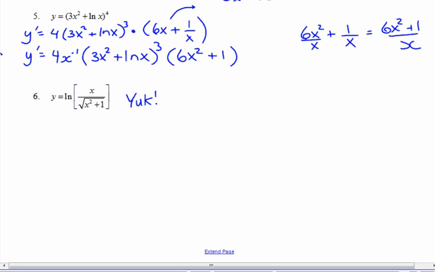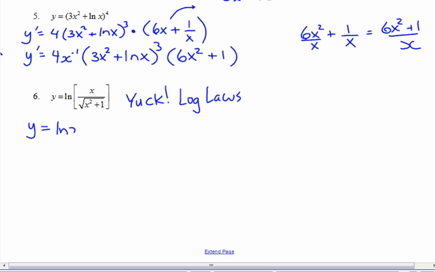So we're going to make it prettier. We're going to make this a lot prettier. So what would it become if I wanted to expand this first? Y equals, not y prime, y equals.